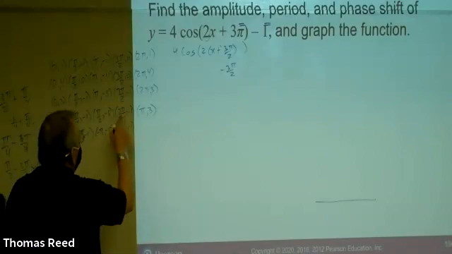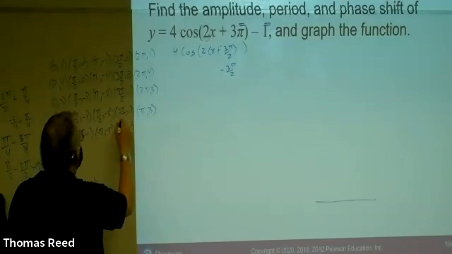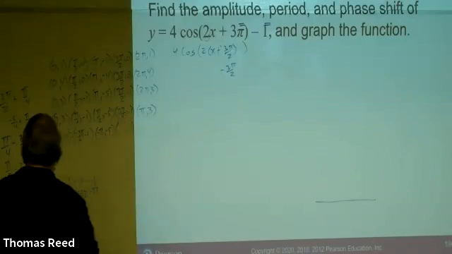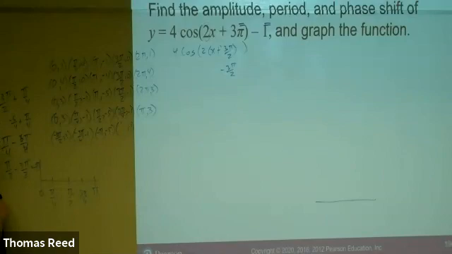Oh, that's supposed to be a 4 here. That's why I was confused. So now I have 3 pi over 4 minus 3 pi over 2, which is 3 pi over 4 minus 6 pi over 4, which is a negative 3 pi over 4.